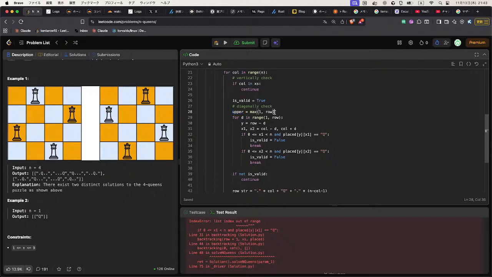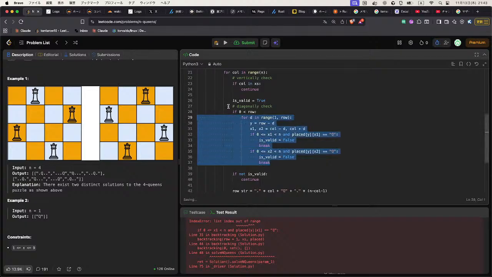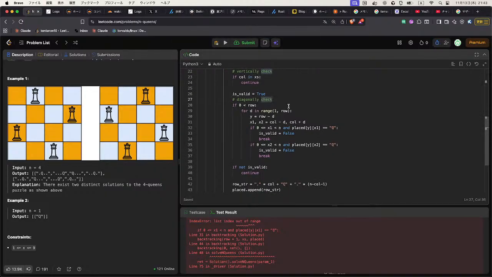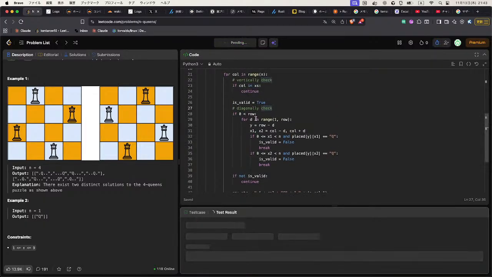No. How to... if the row is greater than 0, we have to diagonal check. Have to do the diagonal check. Alright.